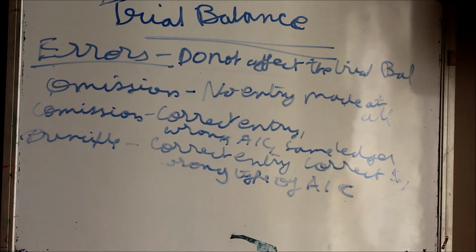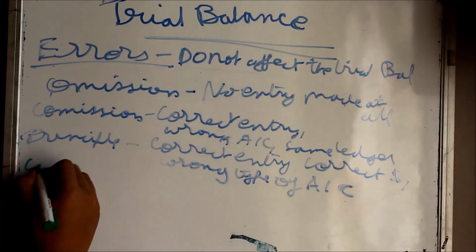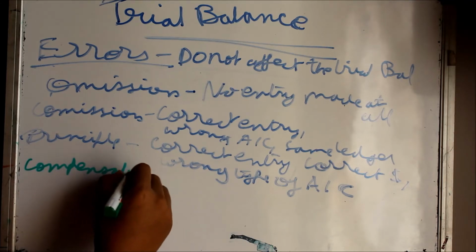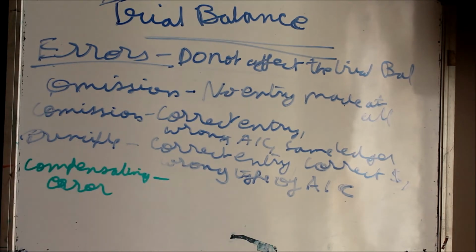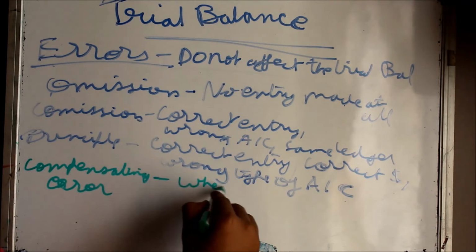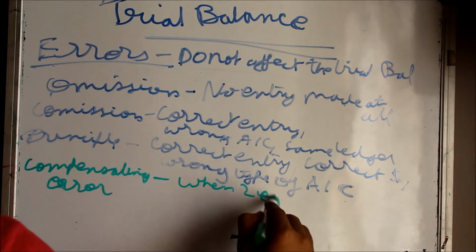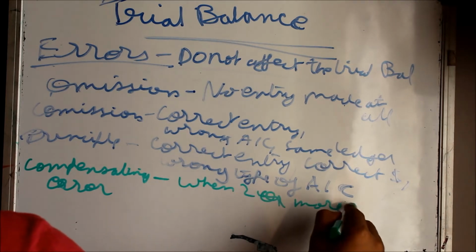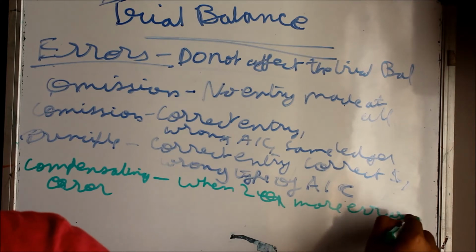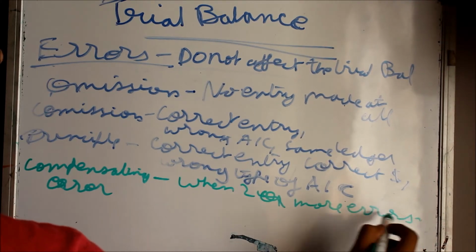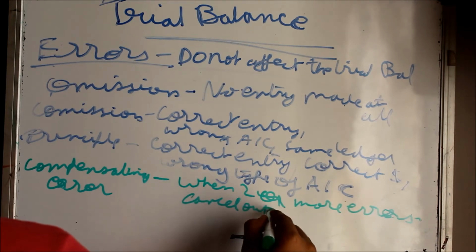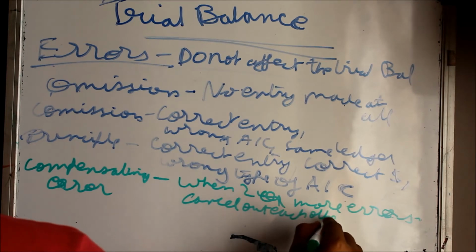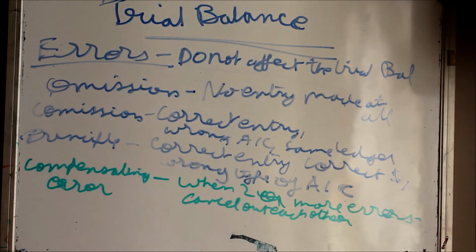The next type of error which I'm going to tell you about is the compensating error. The compensating error occurs when 2 or more errors cancel out each other.